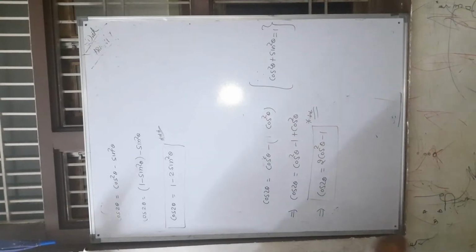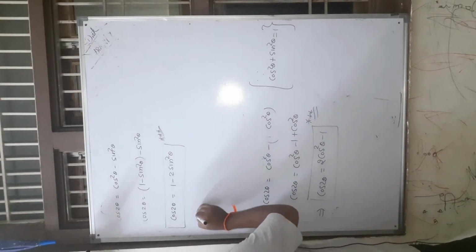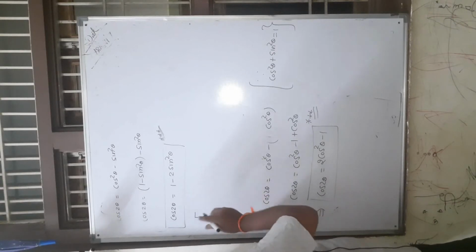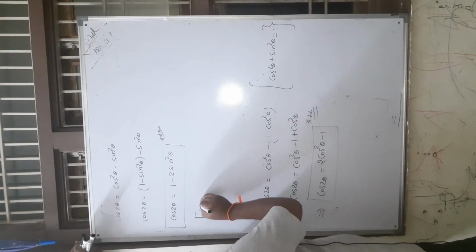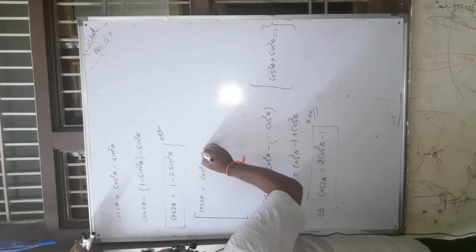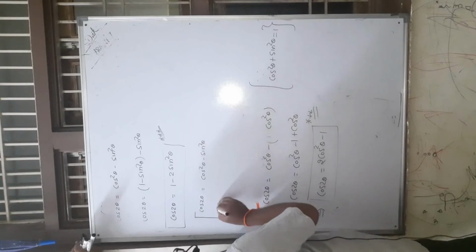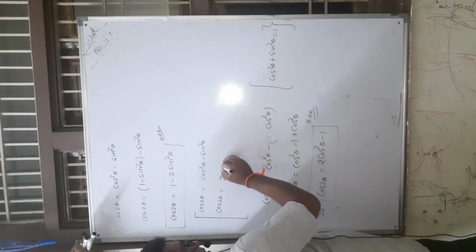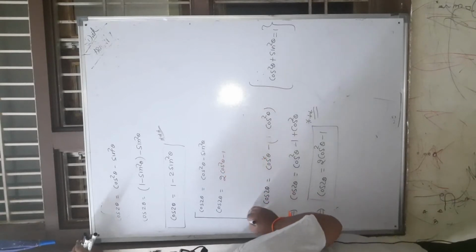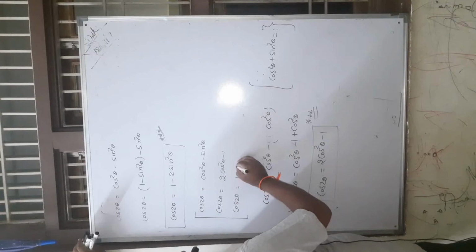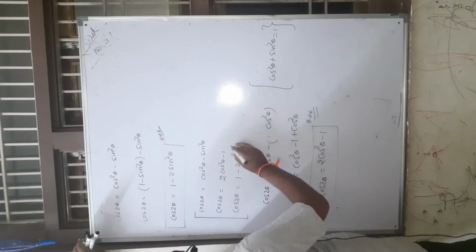So remembering all these three formulas, so here we write, cos 2 theta is equal to first cos square theta minus sin square theta. Second, we write down cos 2 theta equal to 2 cos square theta minus 1, and cos 2 theta is equal to 1 minus 2 sin square theta.